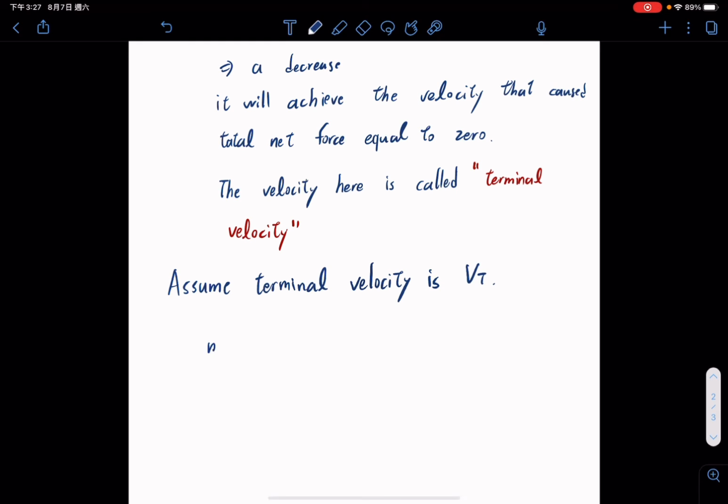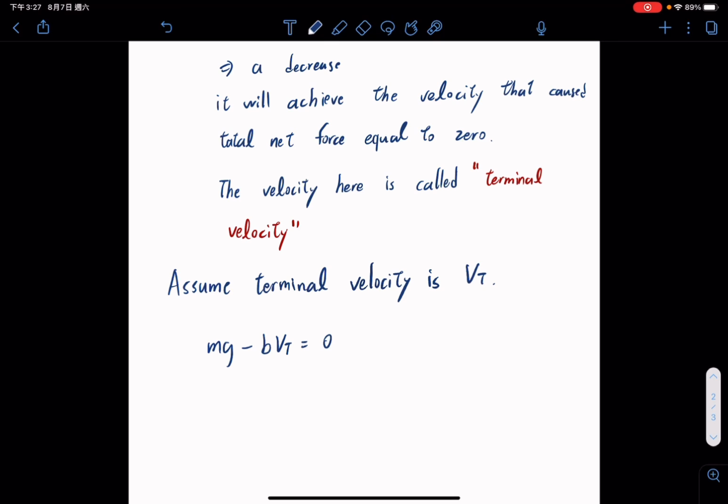So mg minus b Vt equals 0, because at the terminal velocity there is no acceleration anymore, which implies that the total net force is zero.